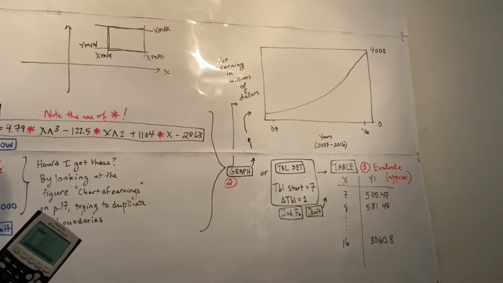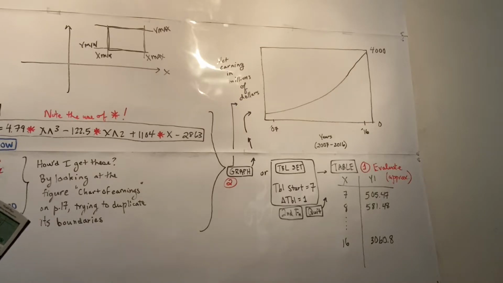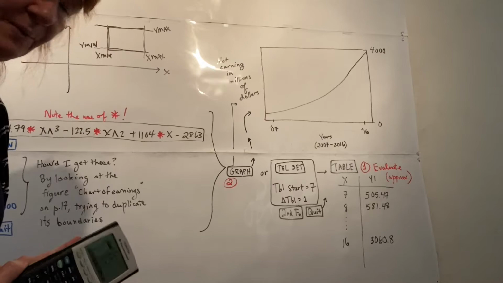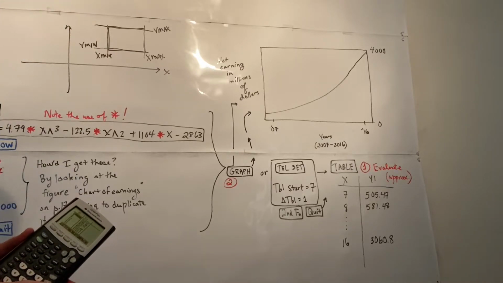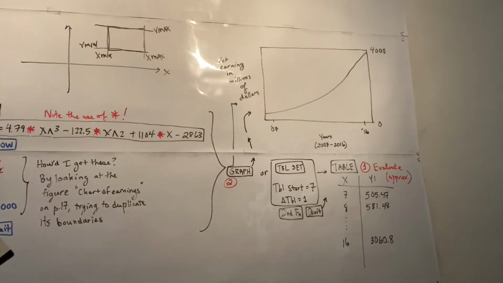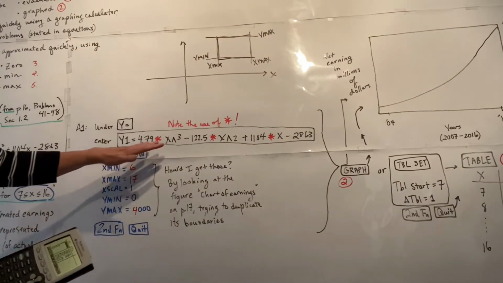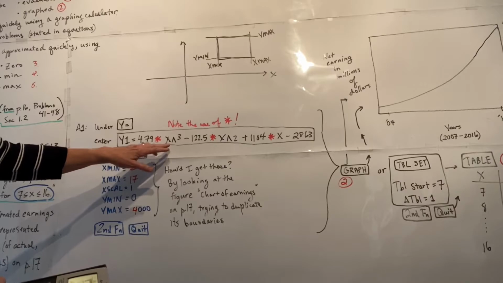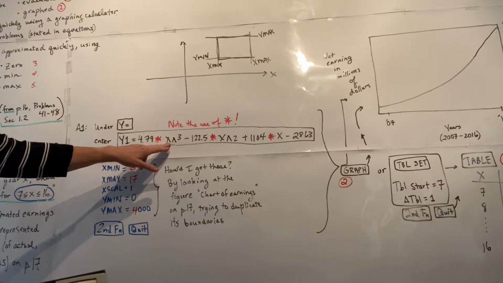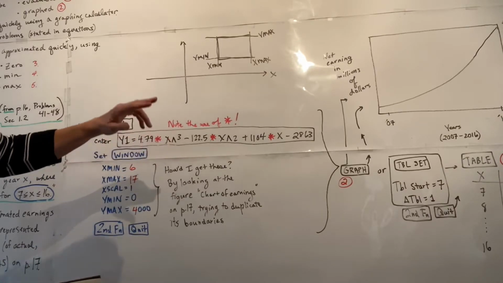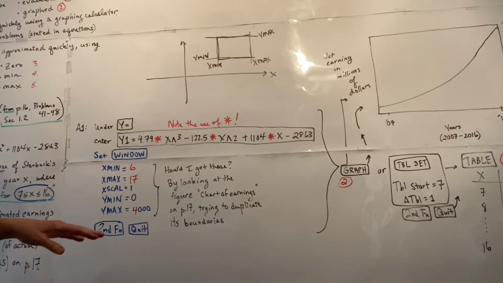A third thing that you could do, and might be asked to do more of later or in 1325, is to use this polynomial model here to get some data on what happens in some year x that maybe you can't see on a chart.